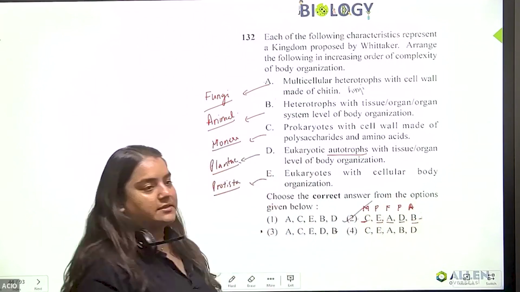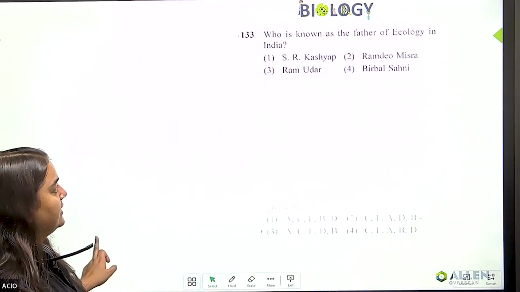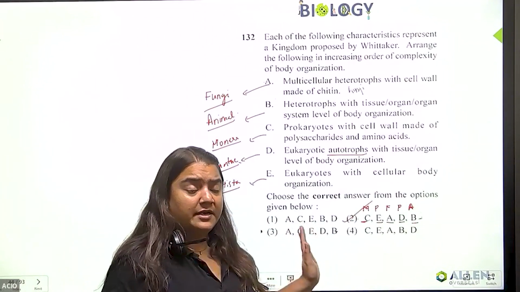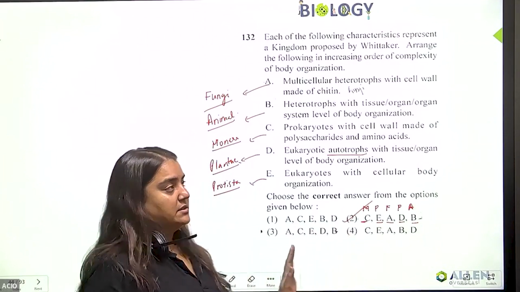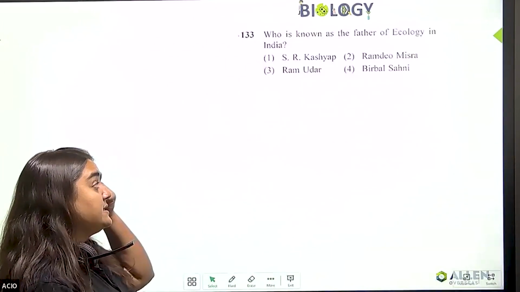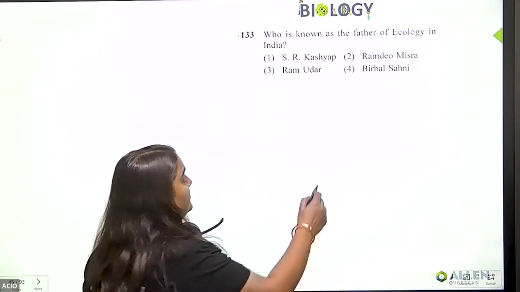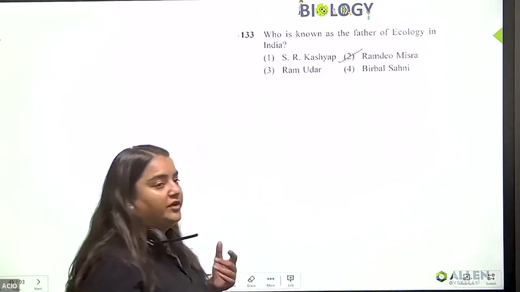Monera, Protista, fungi, Plantae, Animalia. Yes, the second one is the right answer, because we have to arrange them in increasing order of body complexity. Next, who is known as the father of ecology in India? That is Ramdev Mishra. Again, very direct question.